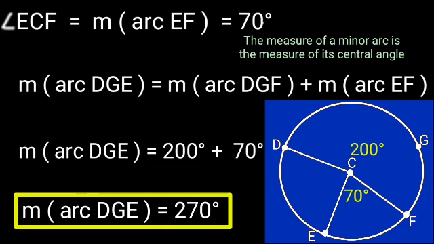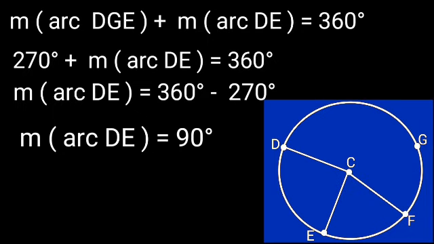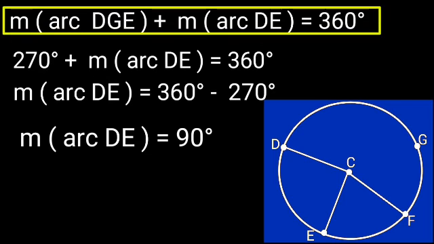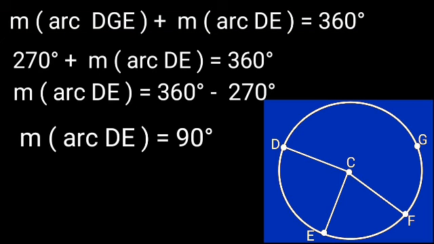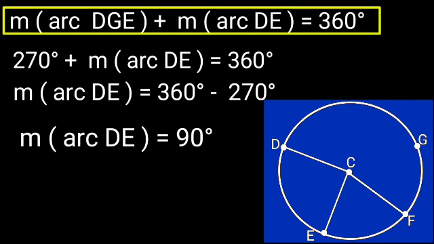Thus, measure of arc DGE is equal to 270 degrees. Measure of arc DGE plus measure of arc DE is equal to 360 degrees.